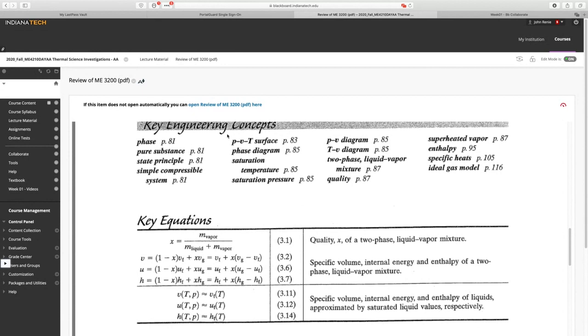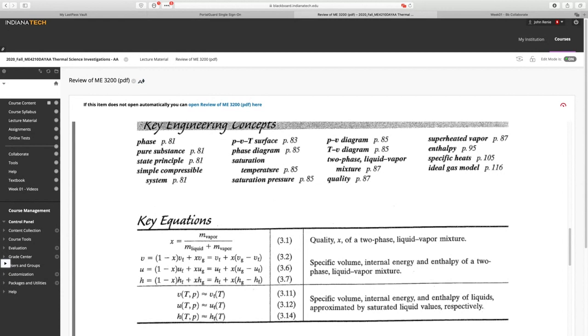In this chapter, we will be looking at pressure, volume, temperature surfaces. Pressure, volume, temperature, I always say, are the big 3 in thermodynamics, because those are the 3 thermodynamic properties that are easily measured. It's easy to measure a pressure, it's easy to measure a temperature, and one can also determine the volume associated with a certain amount of a substance.